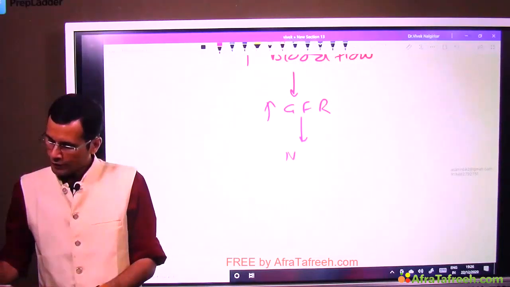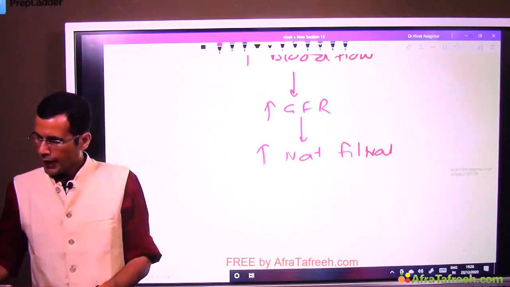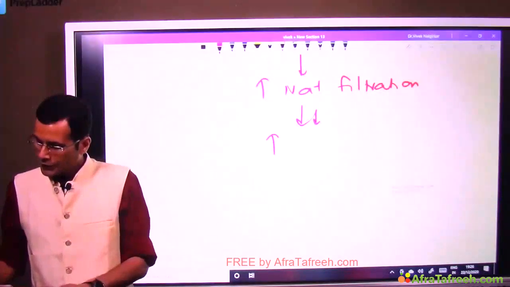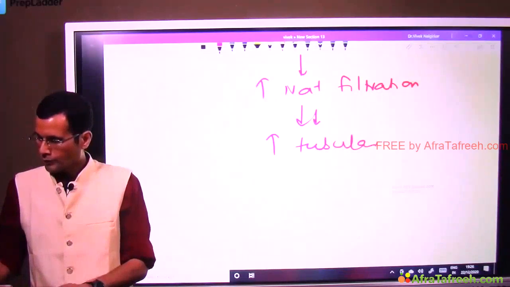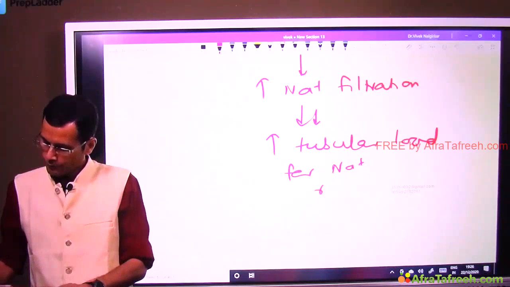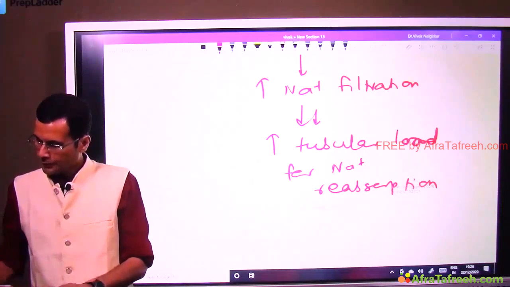Increased GFR means increased sodium filtration at the glomerulus, which means increased tubular load for sodium reabsorption, isn't it?